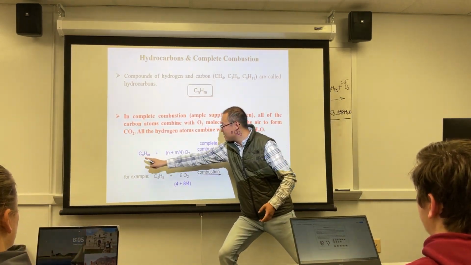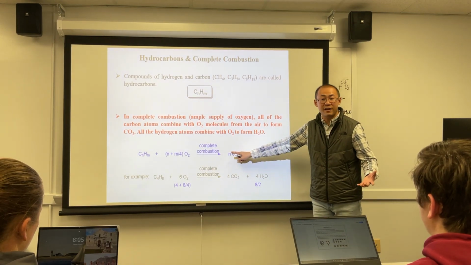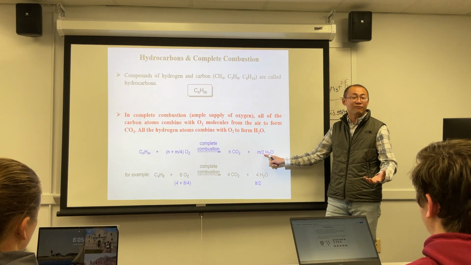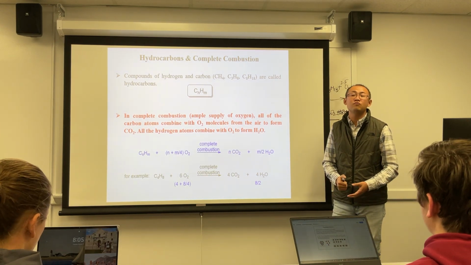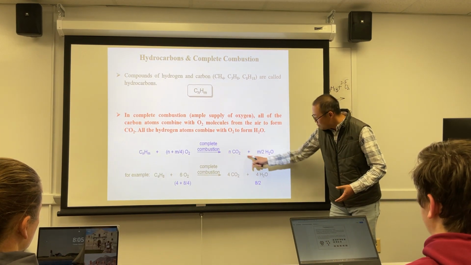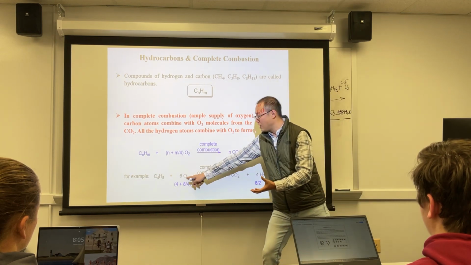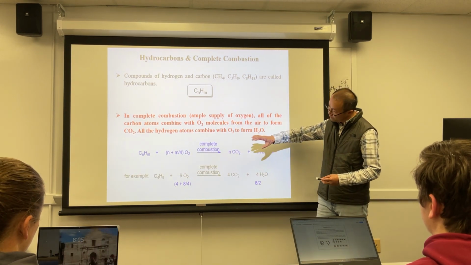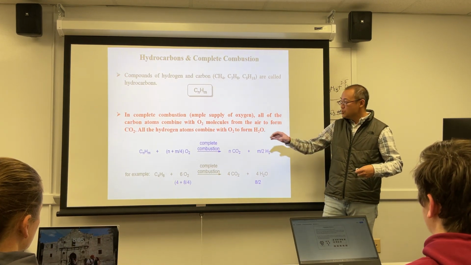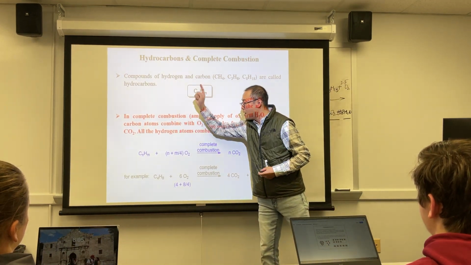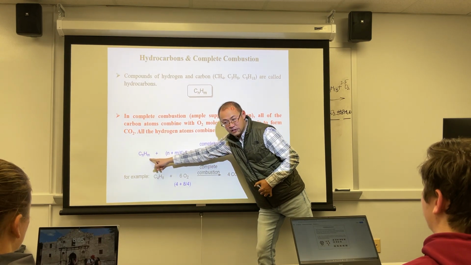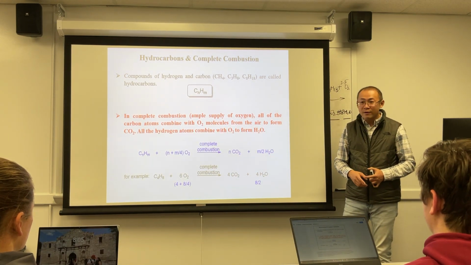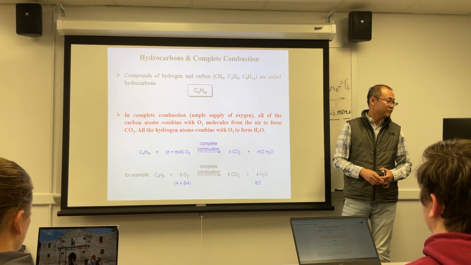If C is n, then you have n carbon dioxide here. If hydrogen is m, you need to divide by half because each water has 2 hydrogen. And then, based on the number of O's, you figure out how many oxygen you need. Does it make sense? This is a very important general reaction showing complete combustion of a molecule like this will always give you CO2 and water.